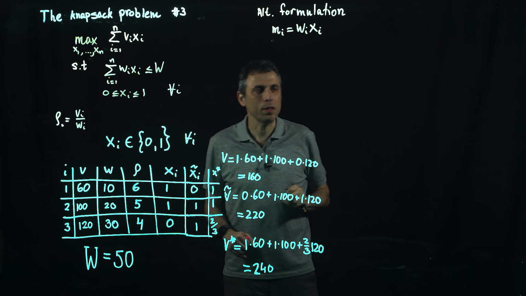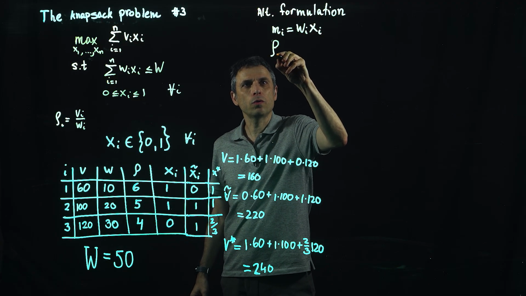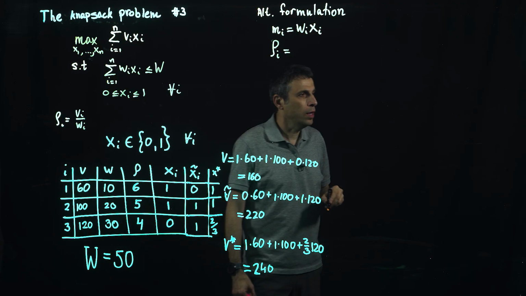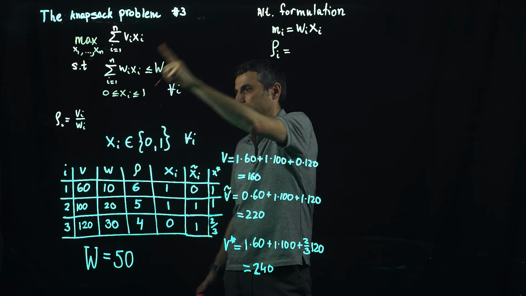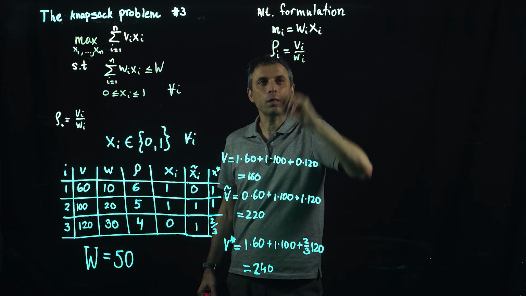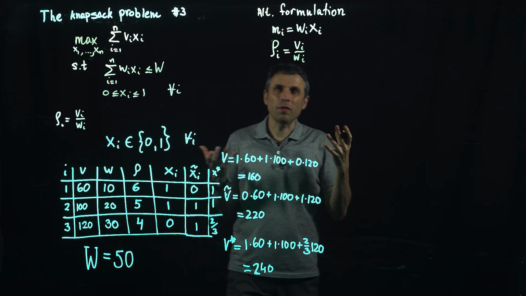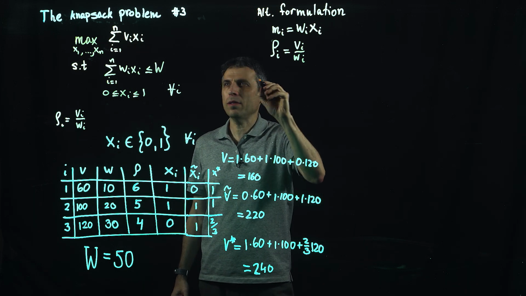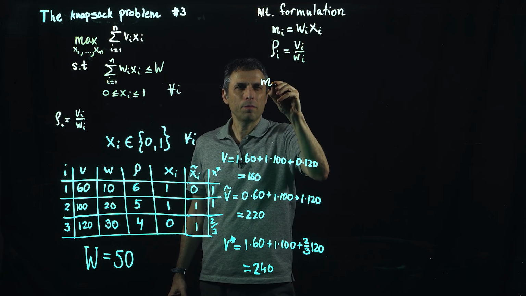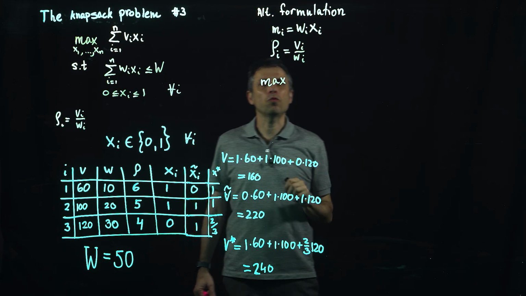I'm still going to call the density, which is going to be vi over wi, like here. That's perfect. And now I can write the problem in the following way. I can say maximize, and now I'm getting rid of the xi.